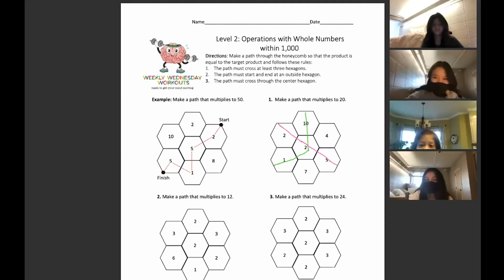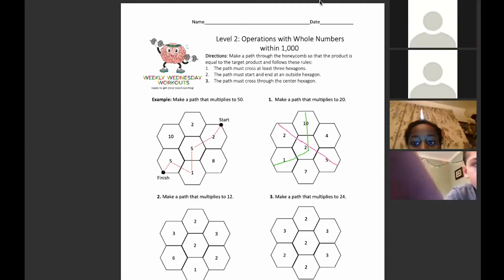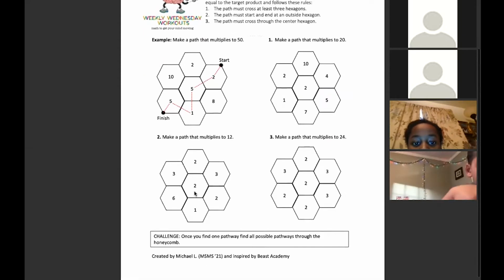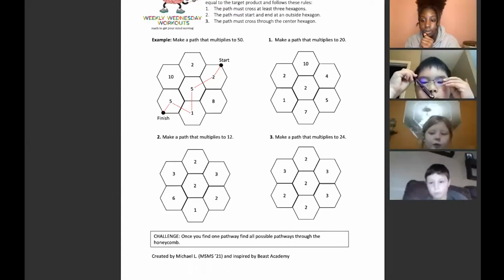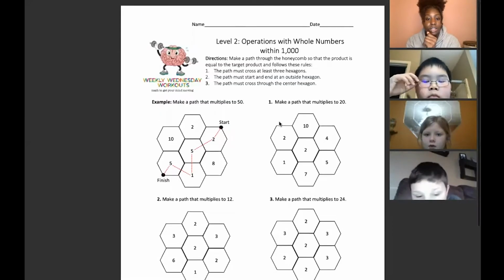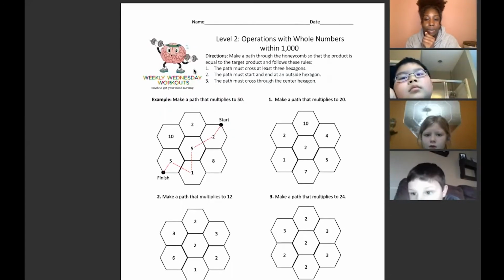Okay, guys, let's go on to number 2. I have a question. Why do we have to have 3? Those are just the rules that we got when we got the worksheet.